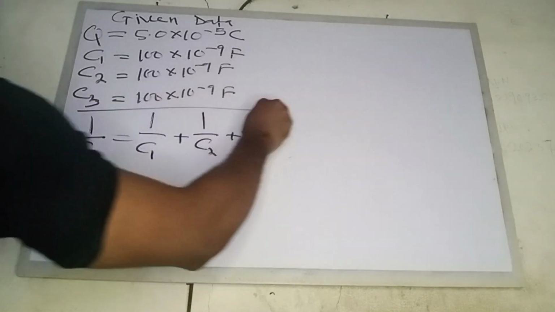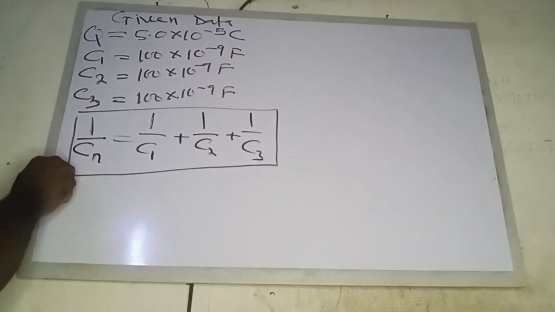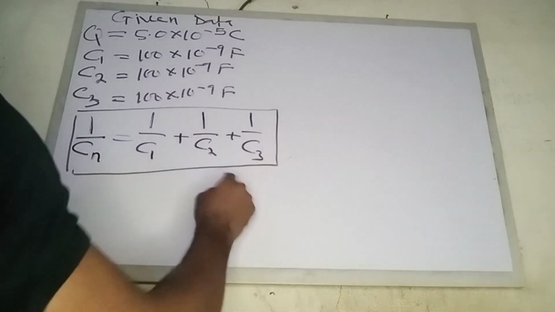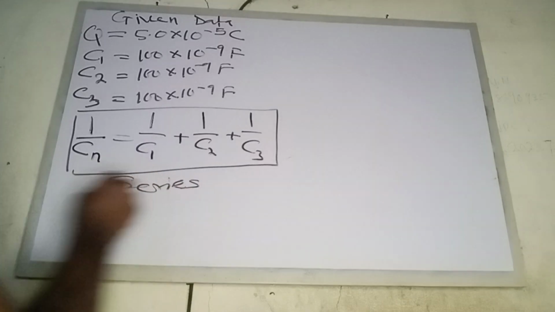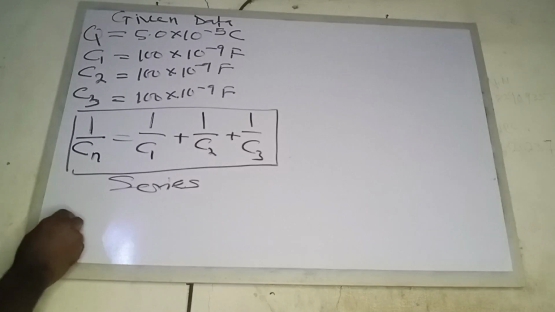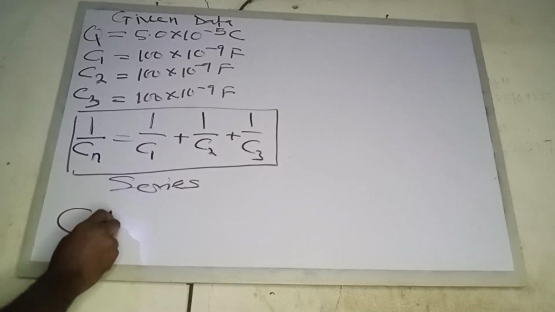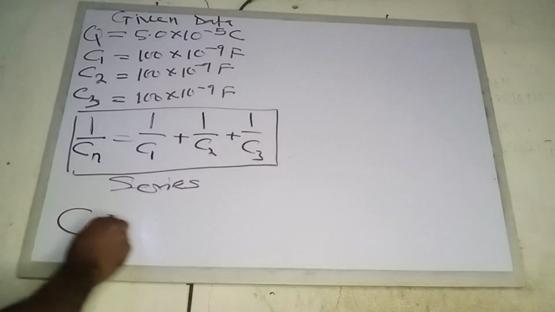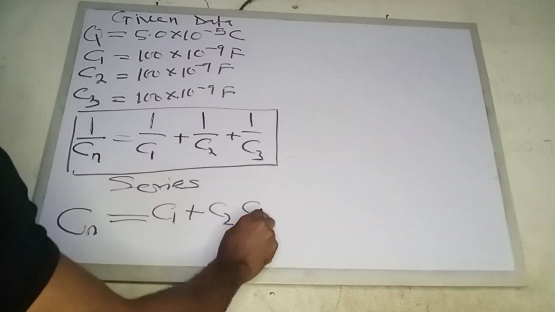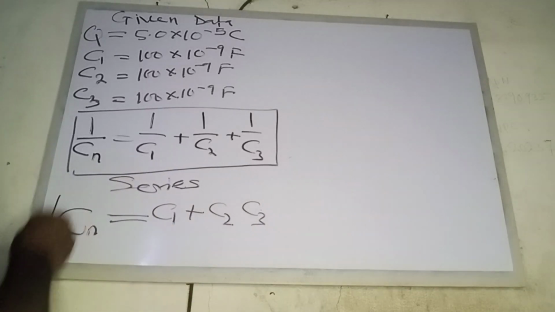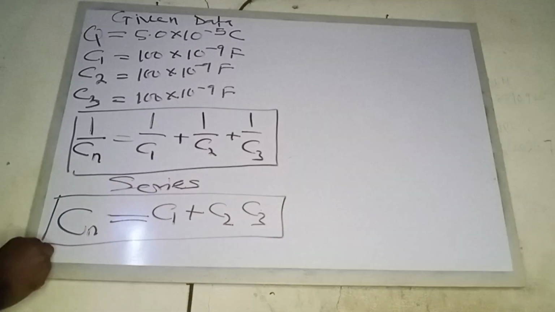But if it is connected in parallel, our Cn is equal to C1 plus C2 plus C3.